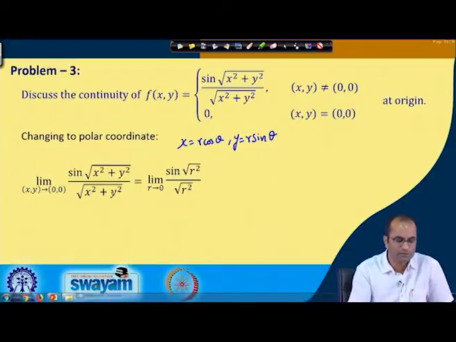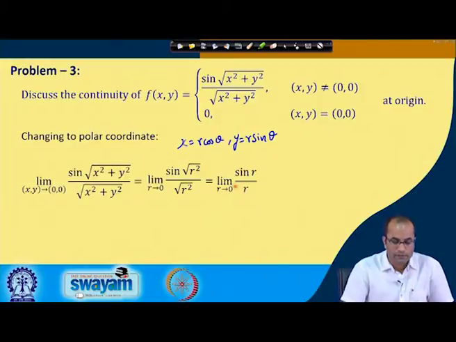By this substitution we get the square root of r square, and in the denominator also the square root of r square, so it is the limit as r goes to 0 of sin r over r.